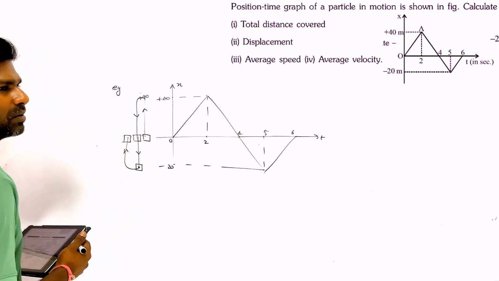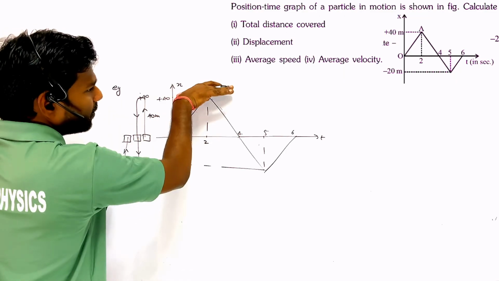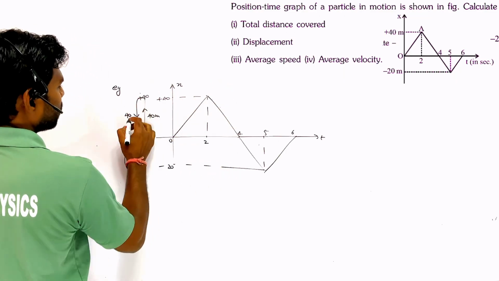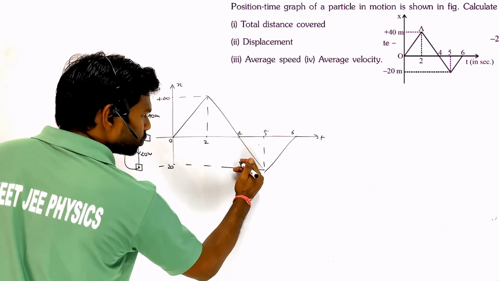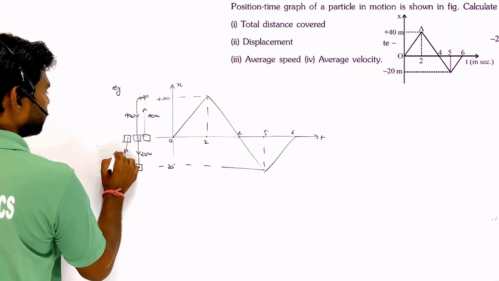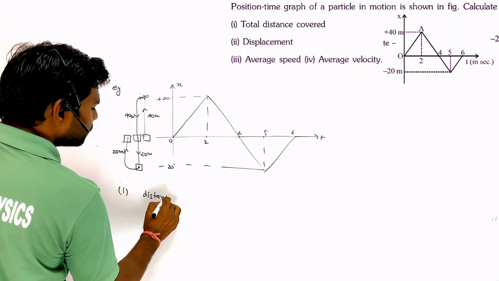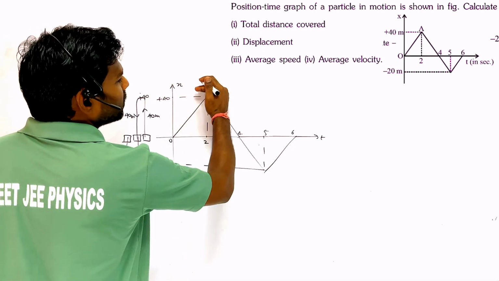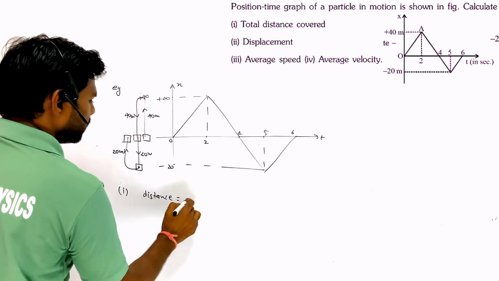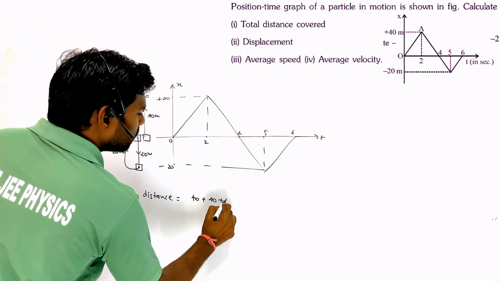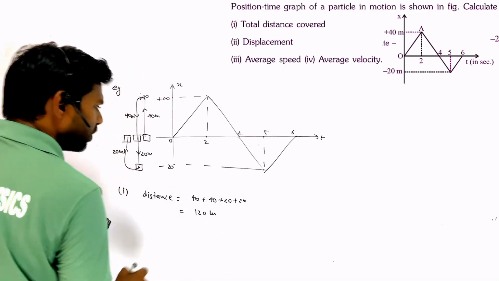Is it clear or not? So in this direction it travels 40 meter, then backward direction 40 meter, then downward direction 20 meter, then upward direction 20 meter. So what is the total distance covered? Total distance is 40 plus 40 plus 20 plus 20, which is equal to 120 meter. Is it clear or not, you tell?